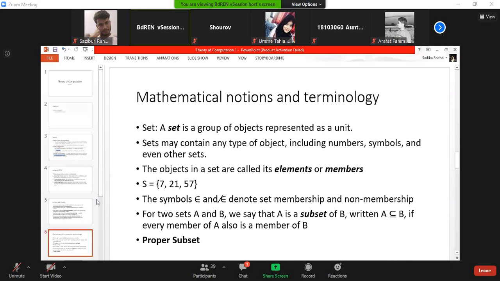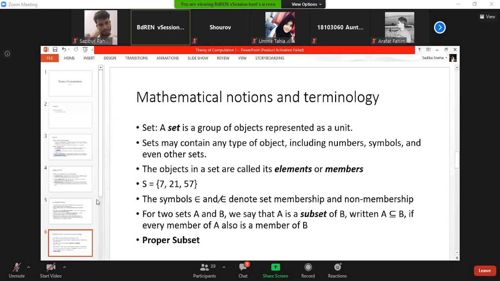That's why the set is mentioned here. We have used sets for the purpose of mathematics in our earlier life, but now we are going to use sets to mention many other things, a set of students, a set of tasks, or a set of many other things. So set is a group of objects represented as a unit.